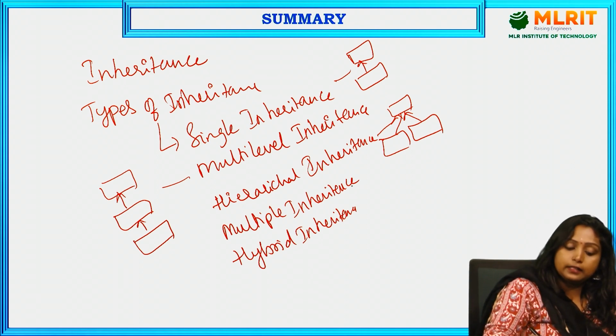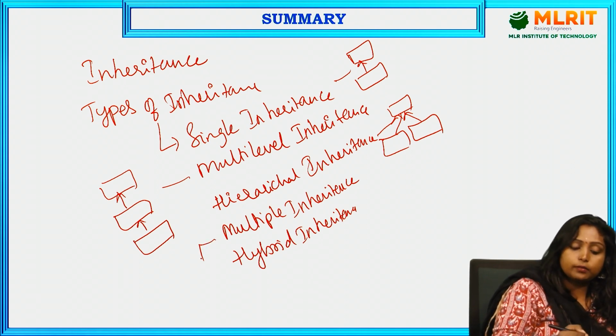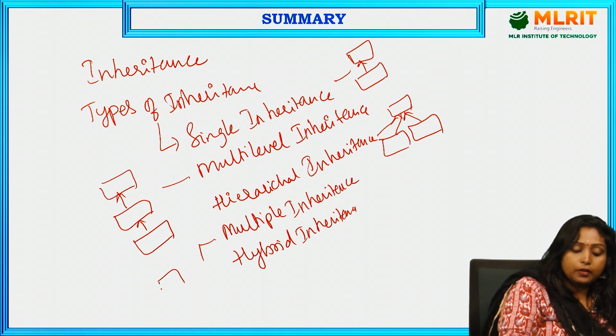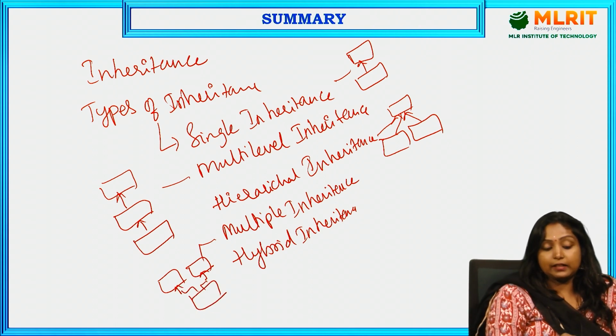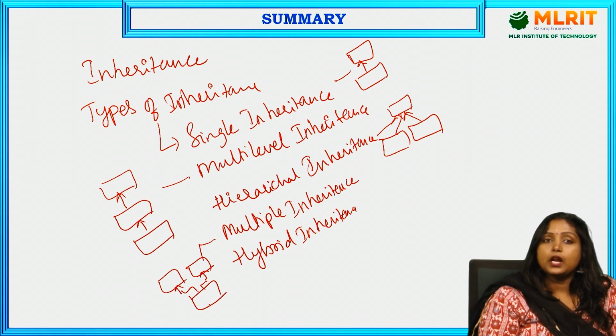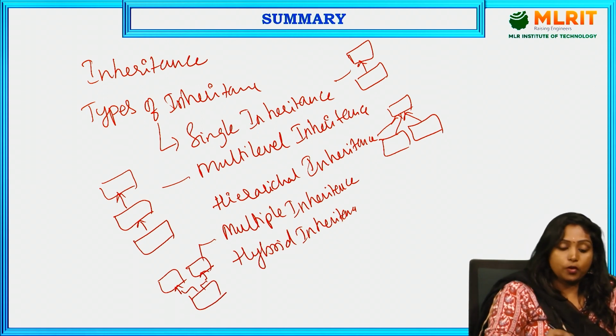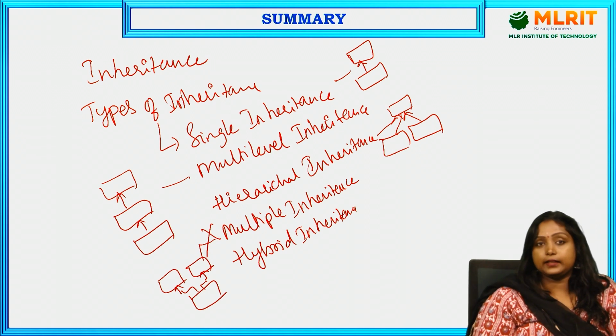And what is multiple inheritance? If one child class is inheriting the properties from two parent classes, which is not possible in Java directly.